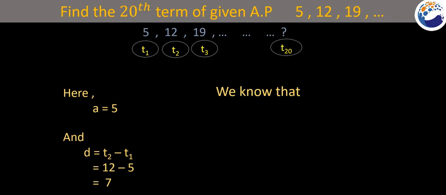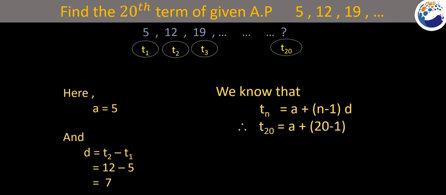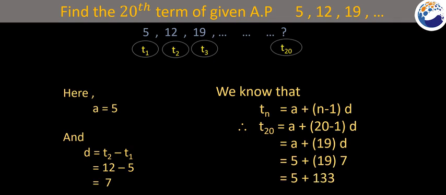We know that Tn is equal to a plus (n minus 1) d. Therefore, T20 is equal to a plus (20 minus 1) into d. That is, T20 is equal to a plus 19d. Substituting the values of a and d, we get T20 is equal to 138. Hence, the 20th term of the given AP is 138.